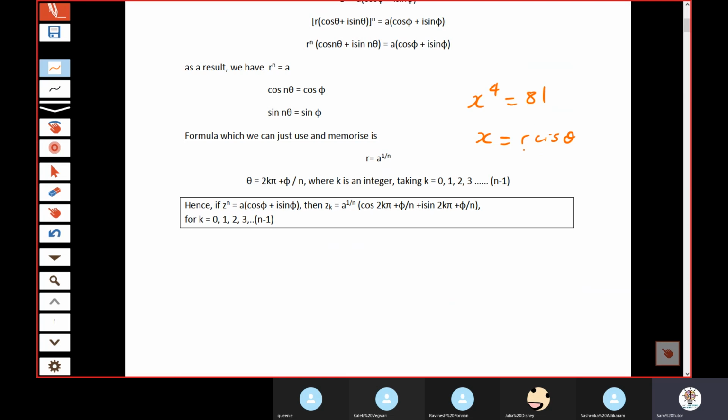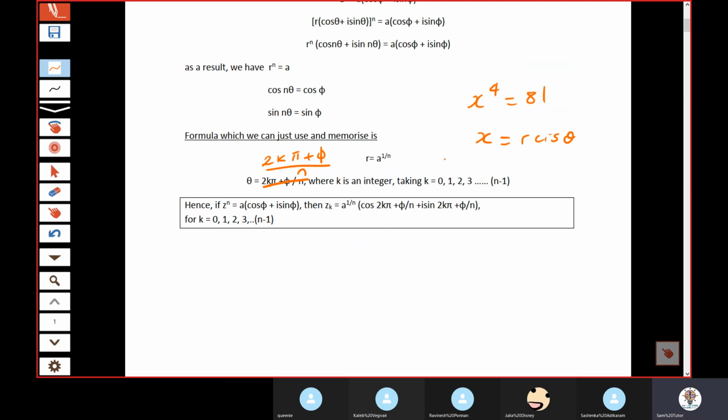What would r equal? R is equal to a to the power of 1 over n. What does theta equal? Theta equals, let's write this a little bit cleaner, 2k pi plus phi all over n.